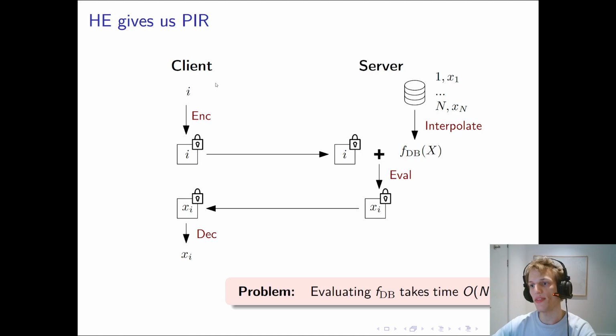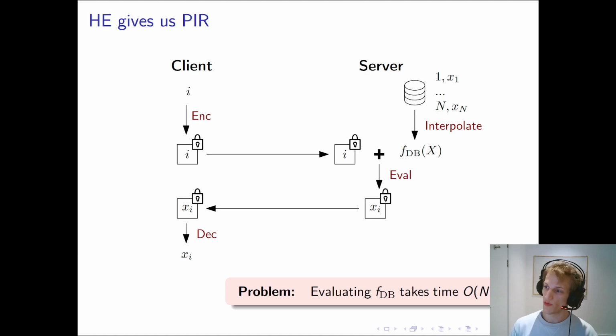And once this is done, the client can now perform a PIR query. It takes the index i, encrypts it under the homomorphic encryption scheme, sends the encrypted index to the server, and the server then homomorphically applies the polynomial f_DB. And the result is then an encryption of the entry of the database, x_i. Sending that to the client and decrypting gives the result.